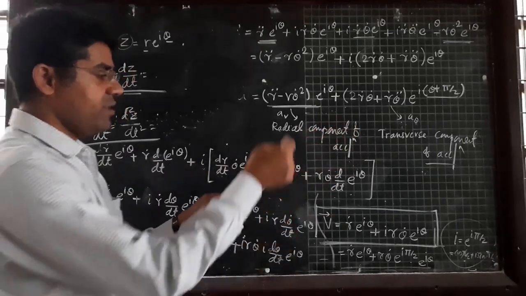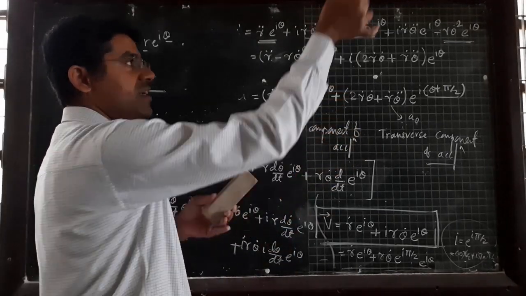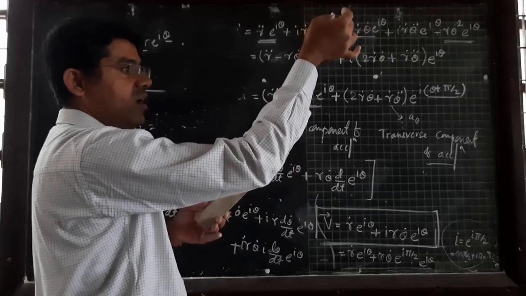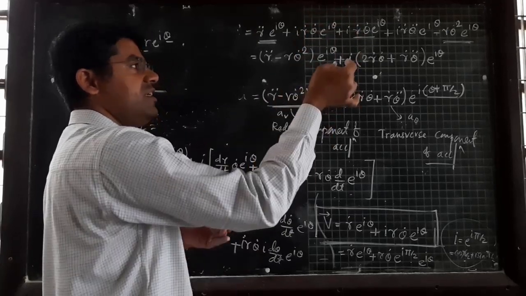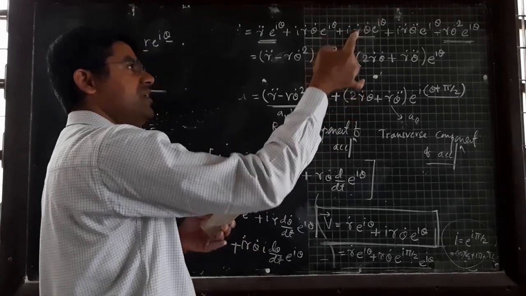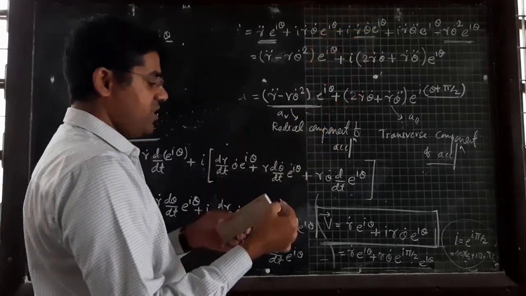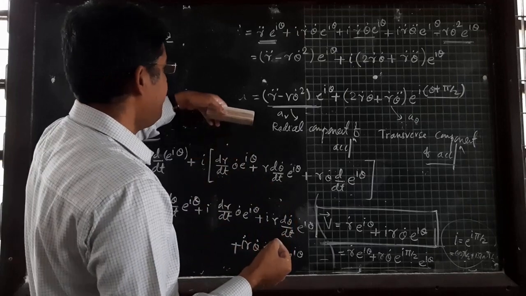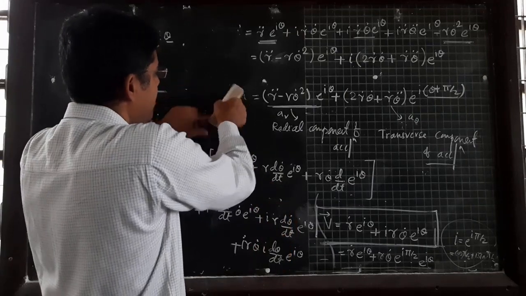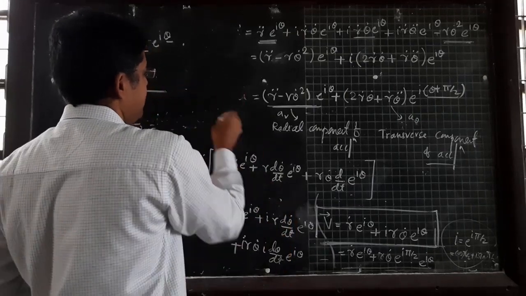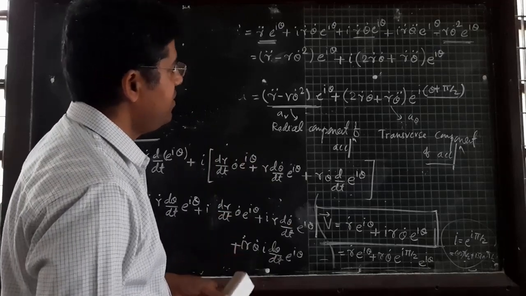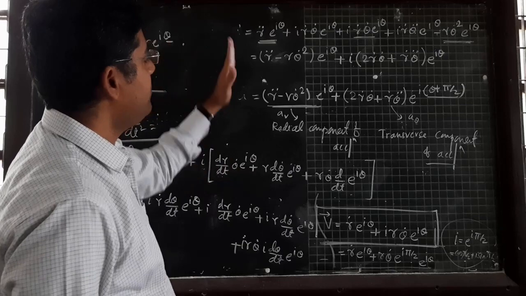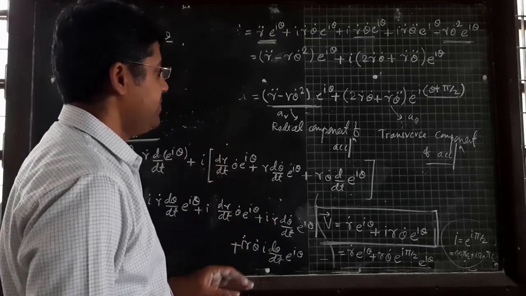So please remember, the radial component is increasing along the outward direction of r, meaning in whatever direction r is increasing, dr by dt will be increasing. Theta will be increasing in the counterclockwise direction. So that is the thing we have to cover here.